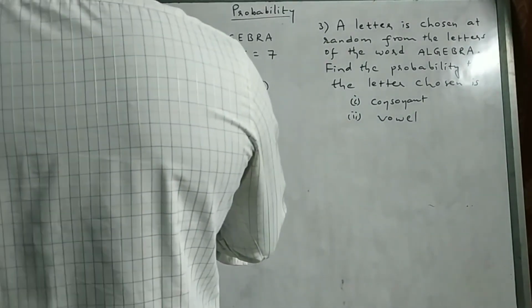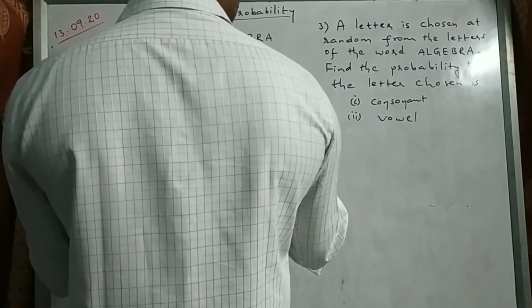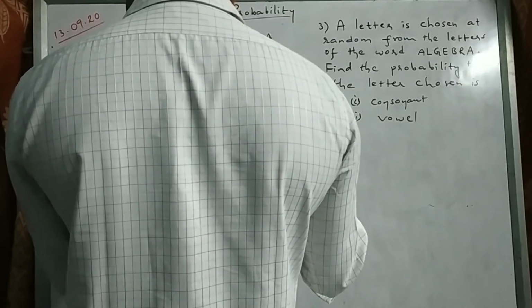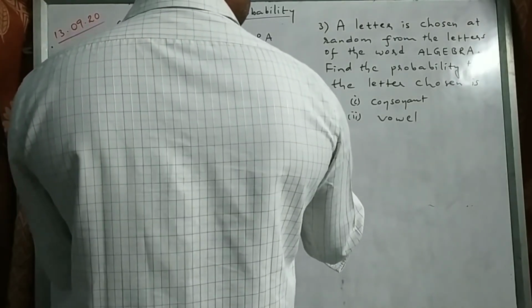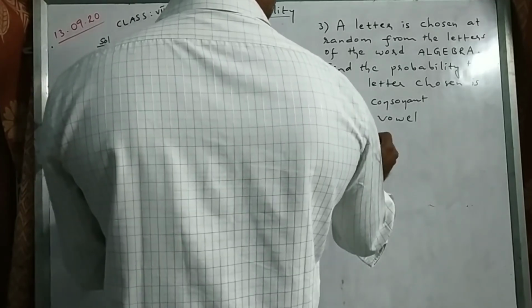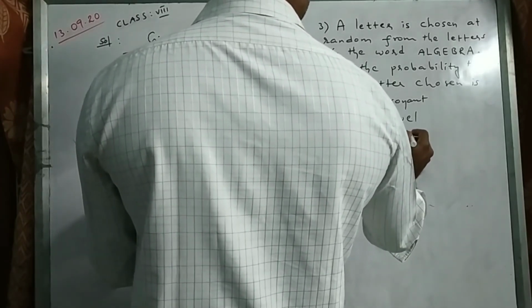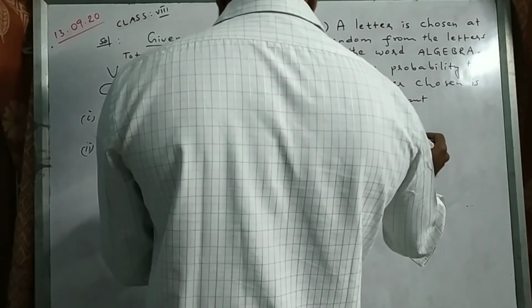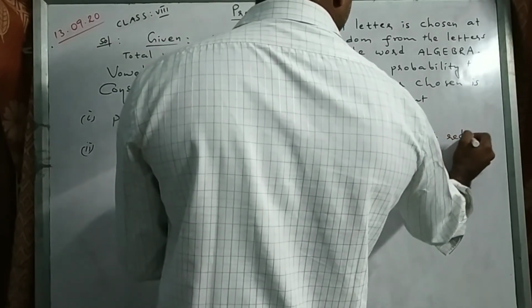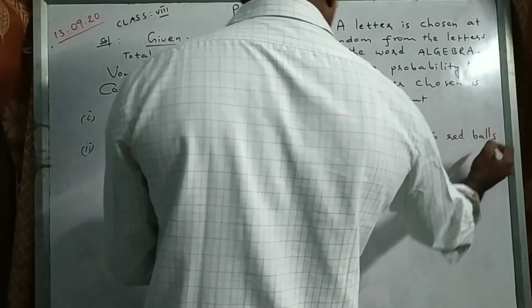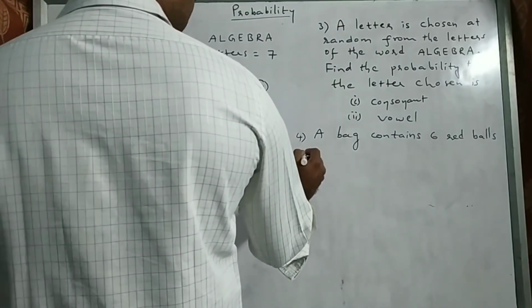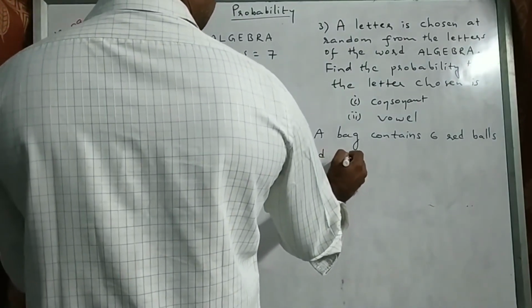You can try this problem. Same model as the first one I told you. The question I am writing: a bag contains 6 red balls and some blue balls.